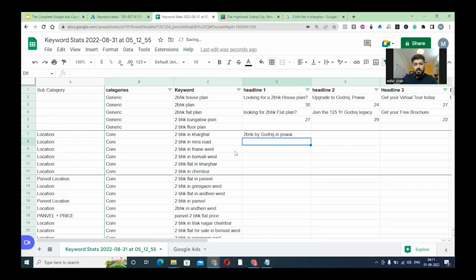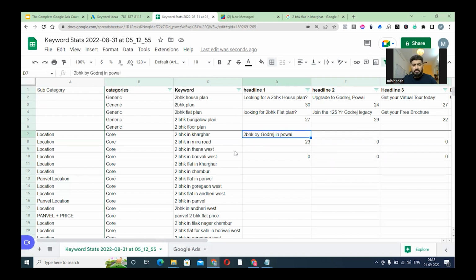Oh wait. Alright, I'm just gonna take this formula again to ensure that I'm in line. Yes, we are. You have to check this for every headline, every description that you write, because once you cross the limit, everything will have to be reworked again, because Google will not accept it at all in the first place.